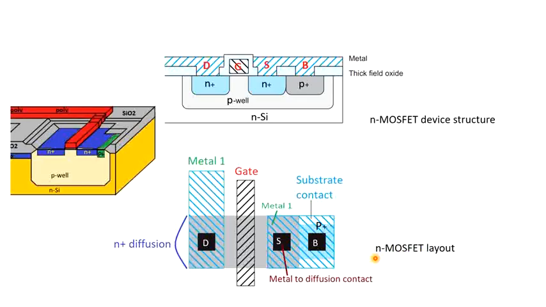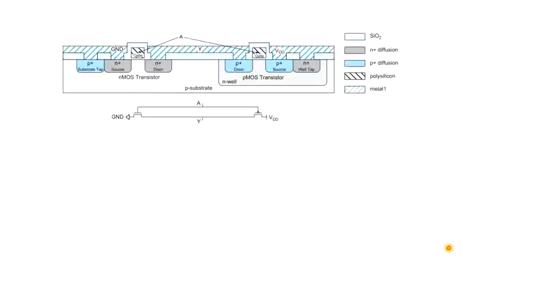This is the layout for one n channel MOSFET. But what about a layout of a particular circuit? For example, let us consider a very simple circuit, which is an inverter, whose cross-sectional view, the device structure, has been shown here. But notice here that instead of this N silicon, now we have given this P silicon.